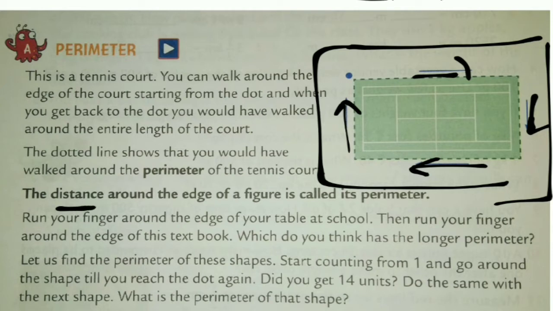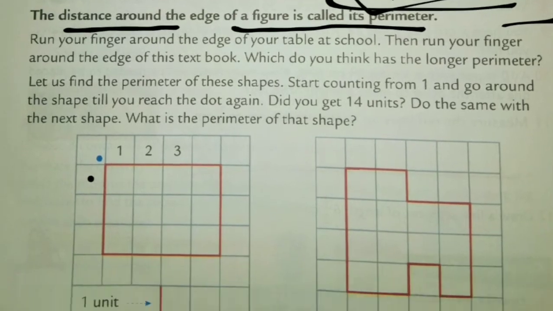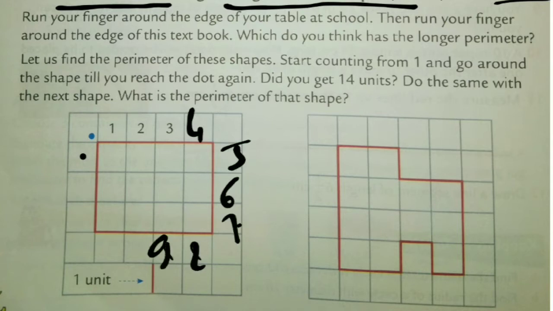The distance around the edge of a figure is called its perimeter. It means the outer layer is known as perimeter. See, in this one example, 1, 2, 3, we can count like this. So, how many numbers are there?